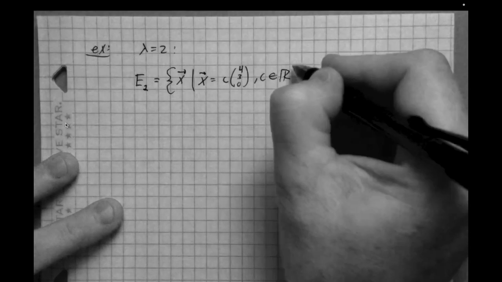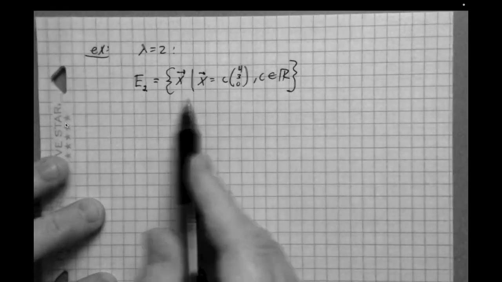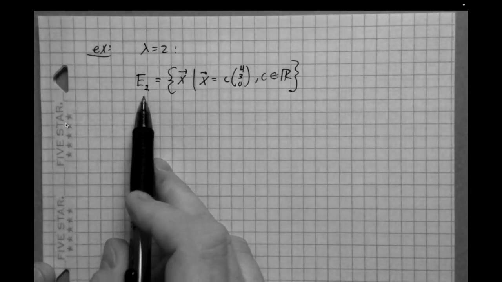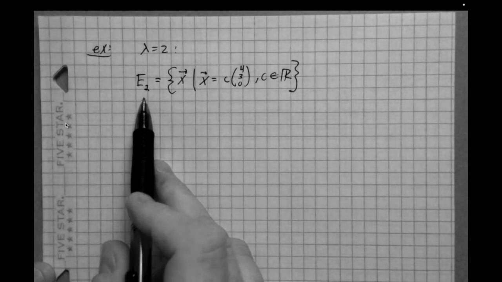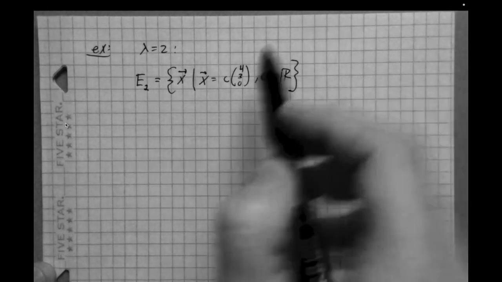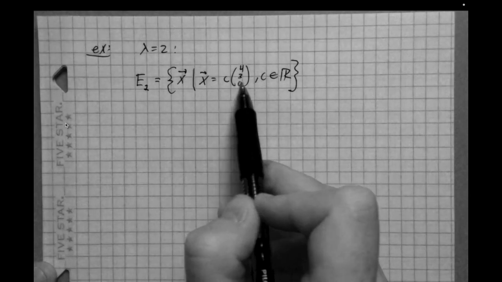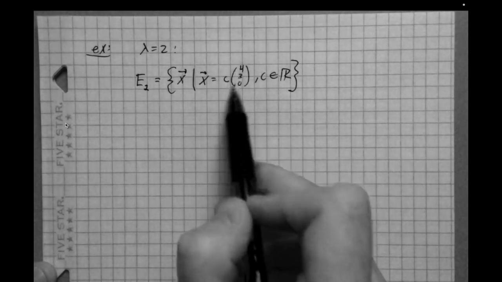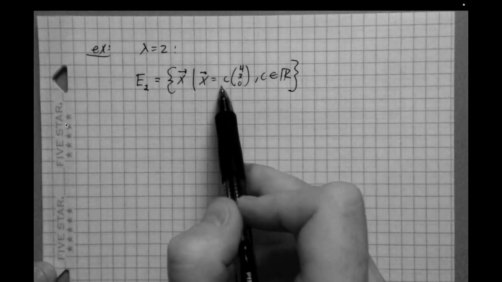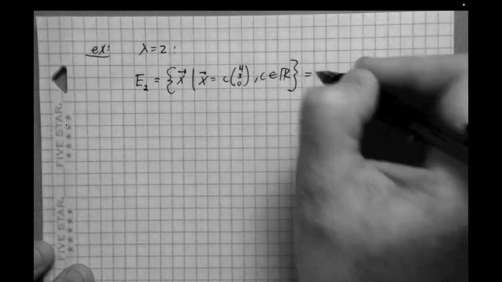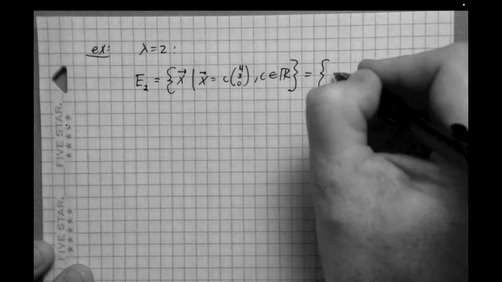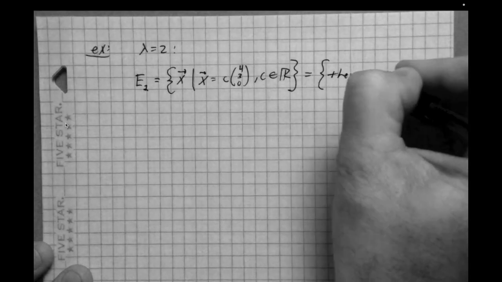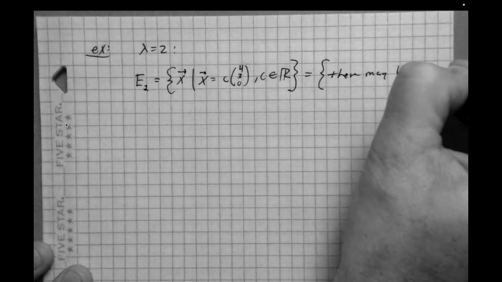Now it turns out that this may not be all of the eigenvectors corresponding to 2. There may be more, some that are not strictly a scalar multiple of this given vector. We'll talk more about that in a moment, but I just want to point out that there may be more.